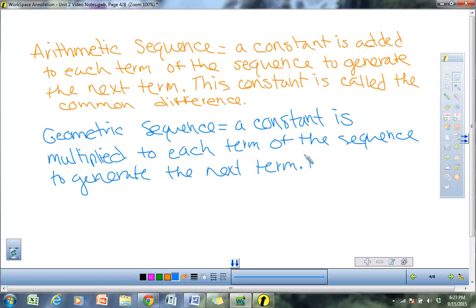Now, what's going to be different is this constant is going to be called the common ratio.